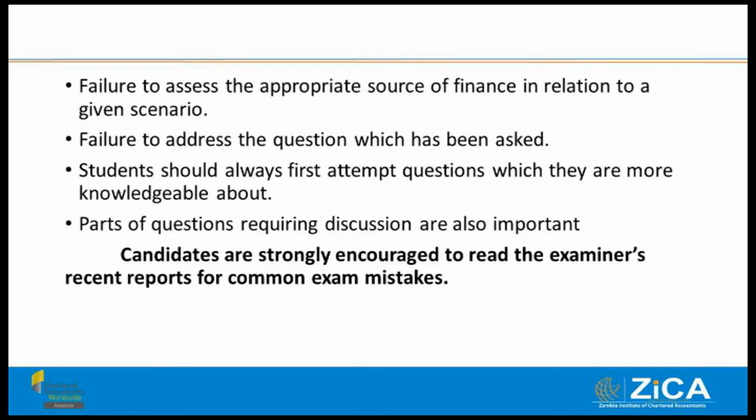Okay, so this particular question was on mostly sources of finance. Part A of the question required students to identify the sources of finance that are valuable to SMEs in Zambia and carried 10 marks.